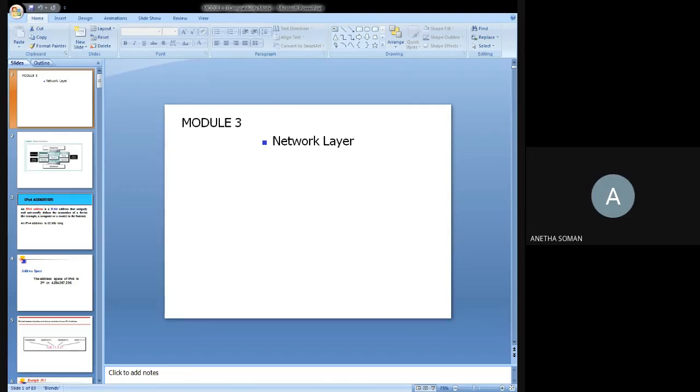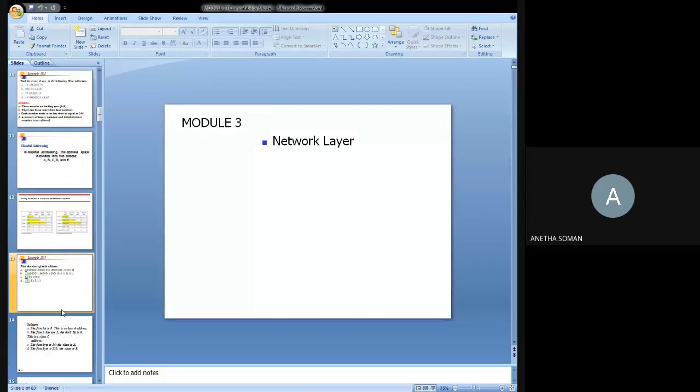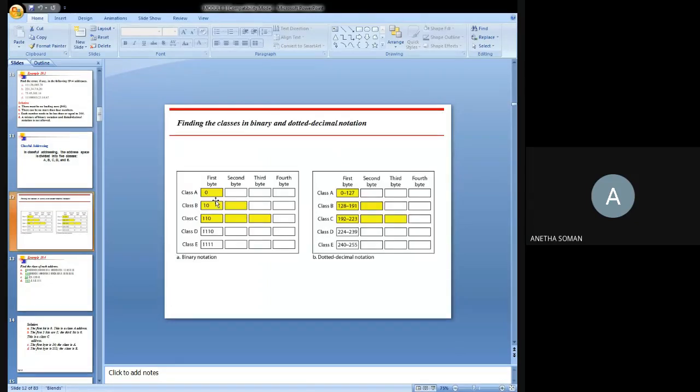Okay, and also you have learned how to represent it. If you have an address, how can you easily identify to which class the address belongs? That is based upon a table you have seen. If the first bit of the first byte, in binary notation, is 0, that denotes class A. If it starts with 10, it is class B, and class C is 110.